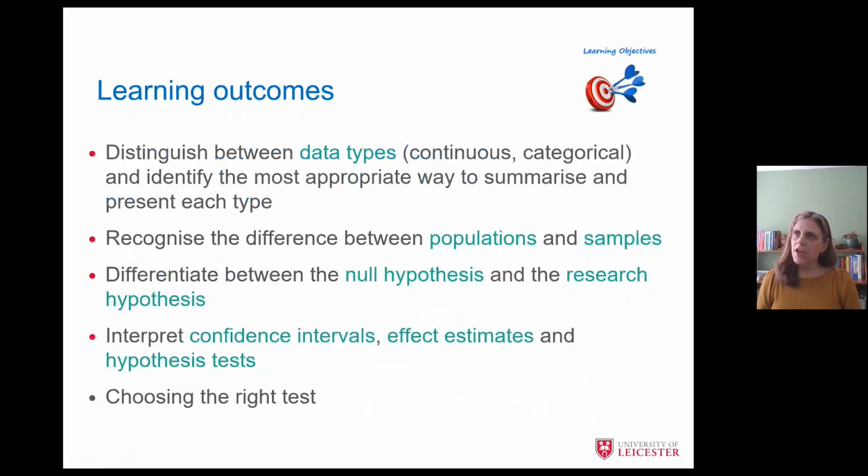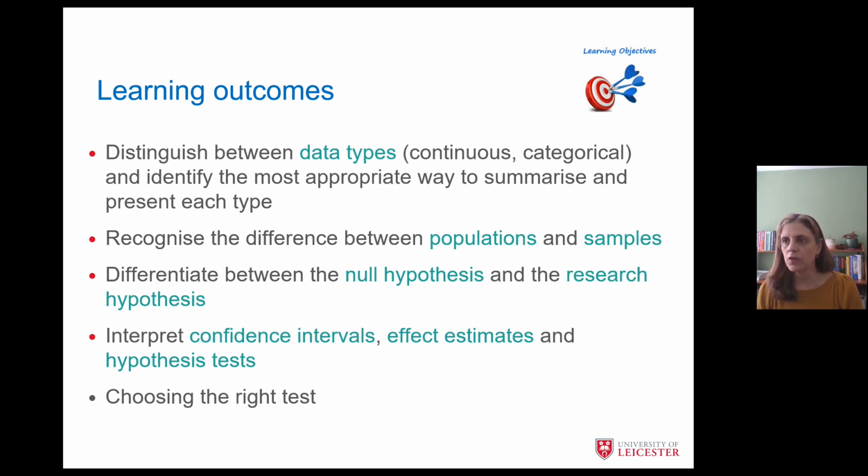So what I'm hoping to cover, I'm going to start by thinking about different data types and talking about the different types of data that you might come across in research studies. I'm going to talk about the difference between populations and samples when it comes to carrying out research, differentiate between the null hypotheses and the research or alternative hypotheses.